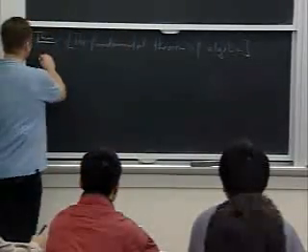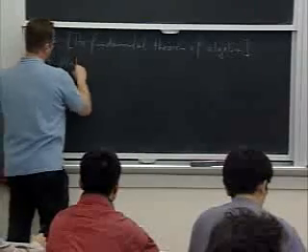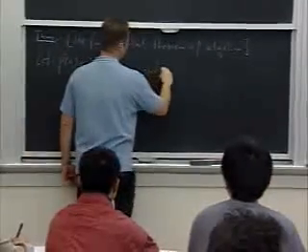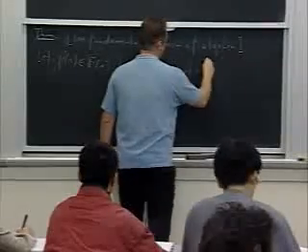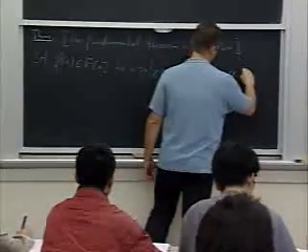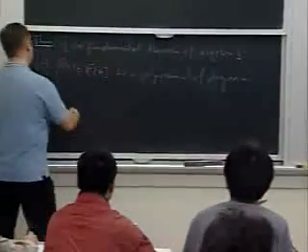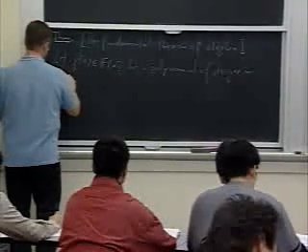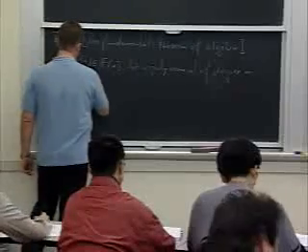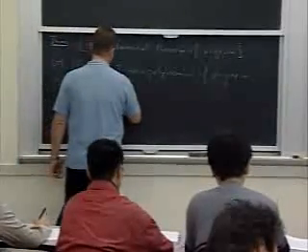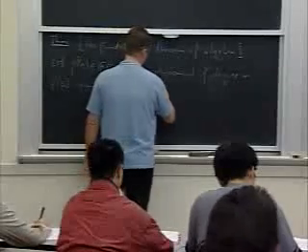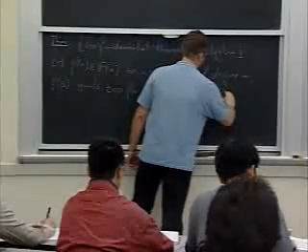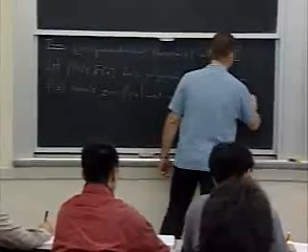And what it says is: a polynomial f of degree m, the number of beta with f of beta equals 0 is at most m.